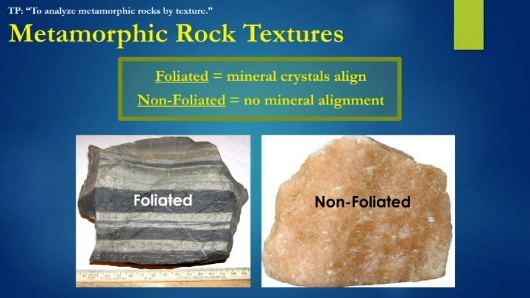It means there's some type of alignment in the minerals. Whereas, again, non-foliated, you can see this non-foliated, it's a marble, this pink marble. It is metamorphosed from a limestone, so limestone turns into marble. You can see the minerals don't align, and it's just the way those minerals behave. They don't align.